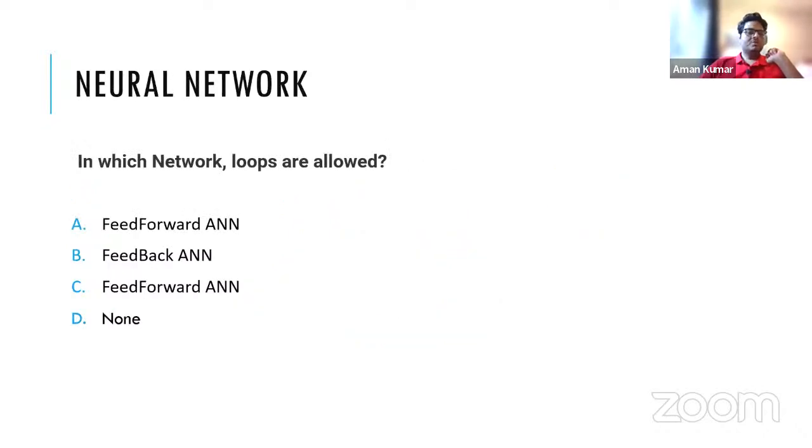In which network are loops allowed? Feed forward, feedback, or none?